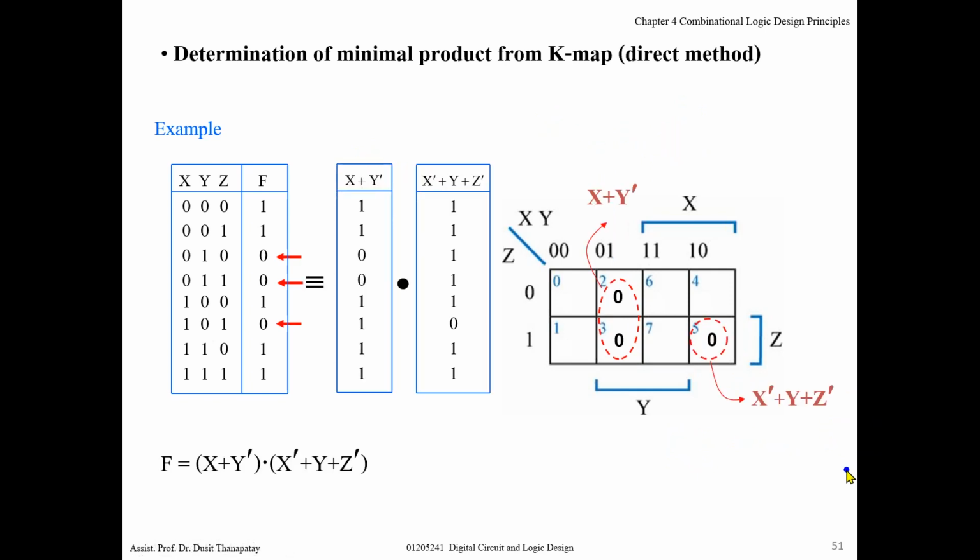So take note: the input that makes a sum term 0 will make the function 0 also, because when this term is 0, with any value of the other term, the product will be 0. Very easy.